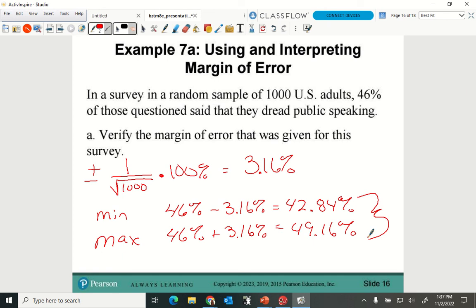Wait, where'd you put your 160? When I did the math right here? Did you do this math on the calculator? No. Okay, that's where I got it. So 1 over the square root of 1,000 times 100. Here, I'll show you.